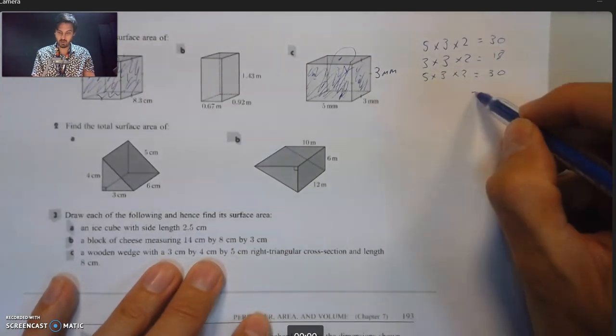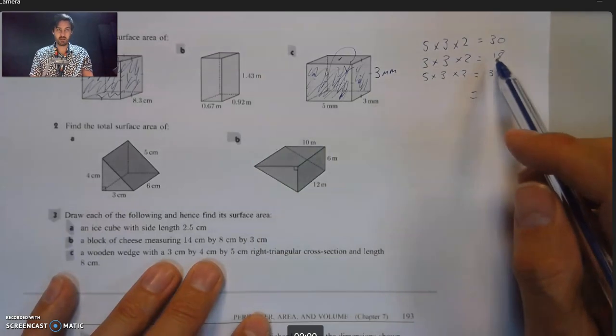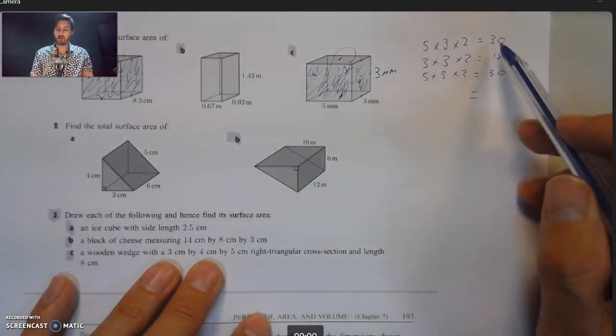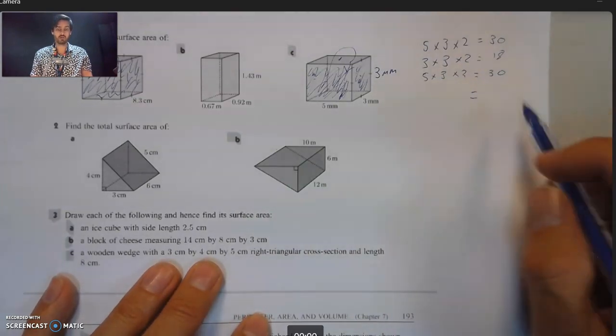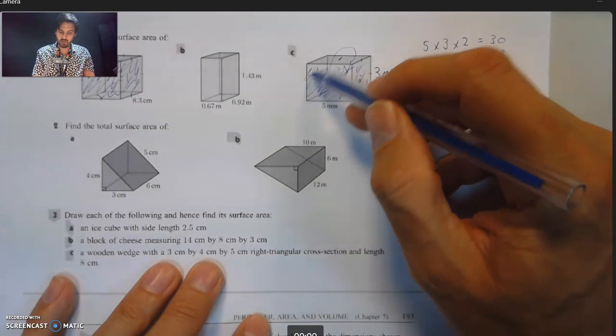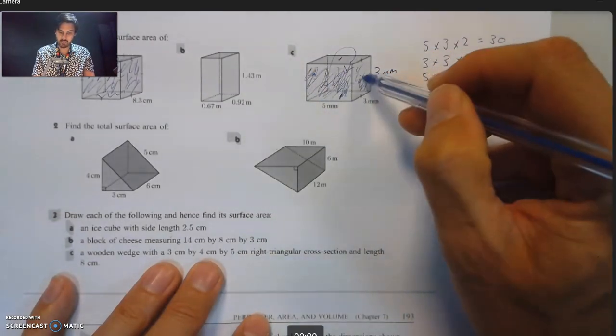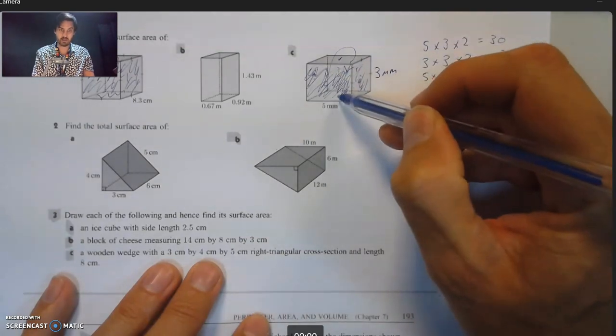This is the other thing that people want to do when they get to this stage: they think in terms of area, so they multiply these 3 together to get the total surface area. But really, we're finding this area, adding it to this area, and so on, including the bottom area.